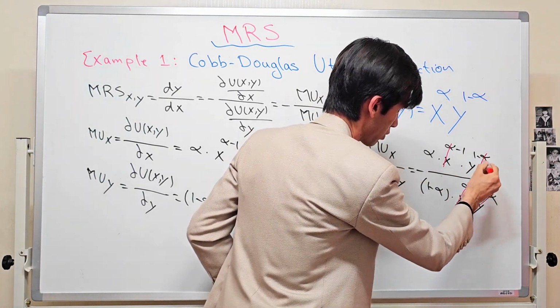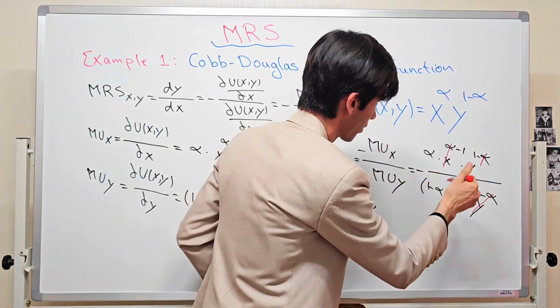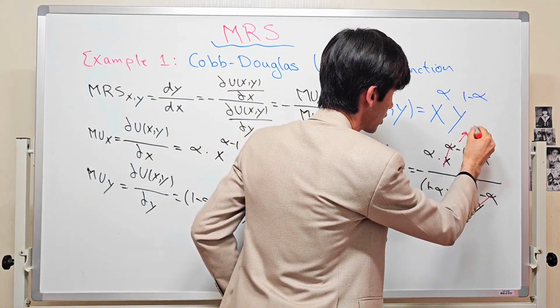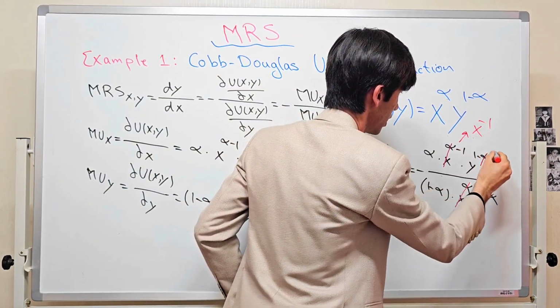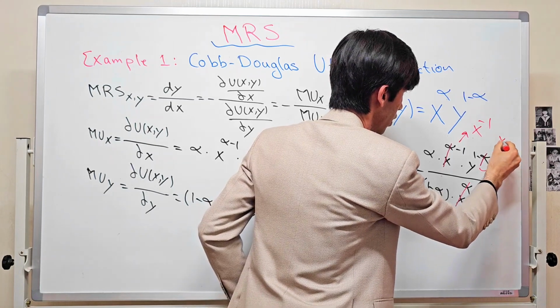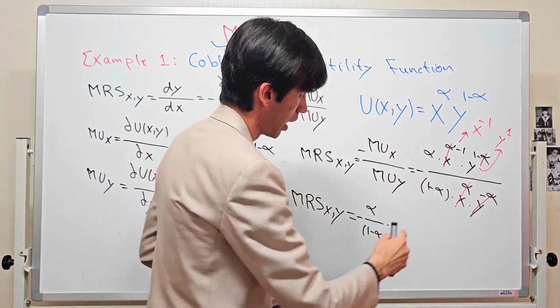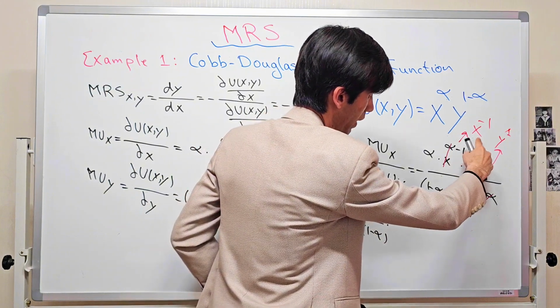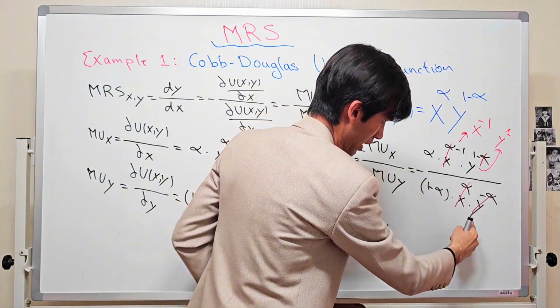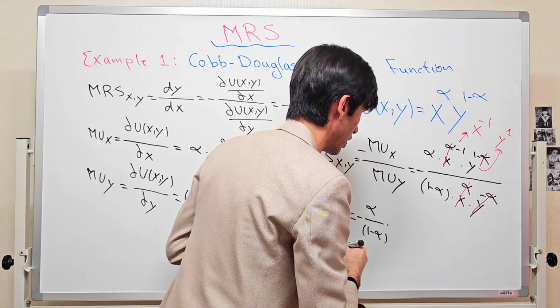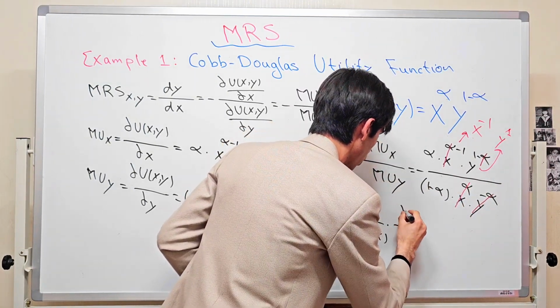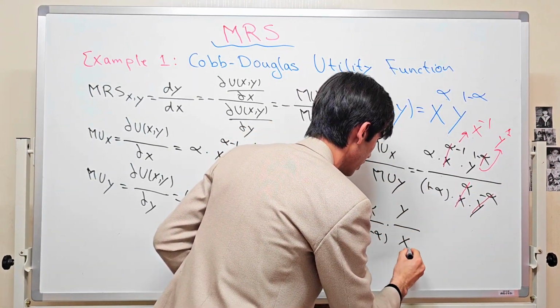The y to the power of alpha terms cancel out, and the x to the power of alpha terms cancel out. Here x to the power of minus 1 remains, and here we have y to the power of 1. If we move x to the power of minus 1 to the denominator, it becomes positive, and we have y divided by x.